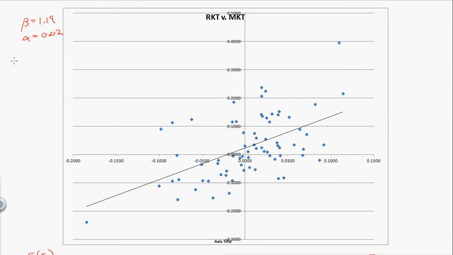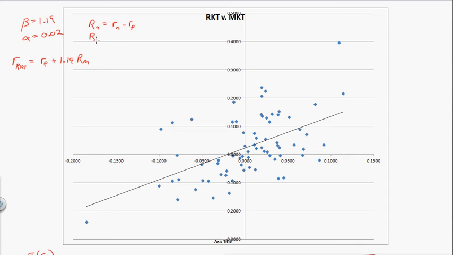What the CAPM tells me is this: the return on Rock-Ten should be equal to the risk-free rate plus beta 1.19 times the market risk premium. So I'm going to say capital RM is equal to little rm minus rf.